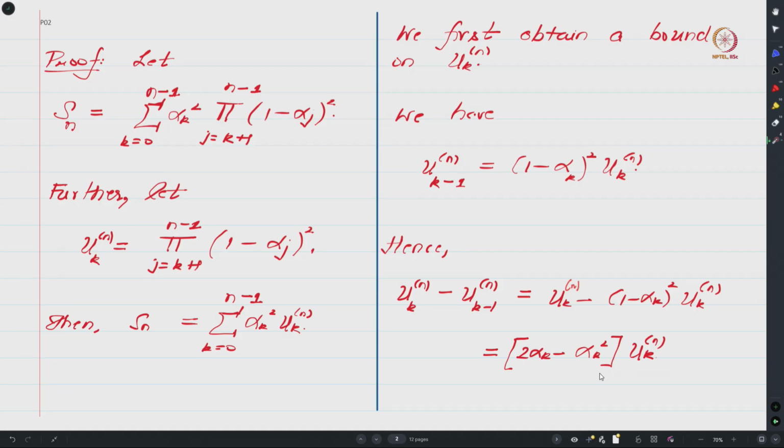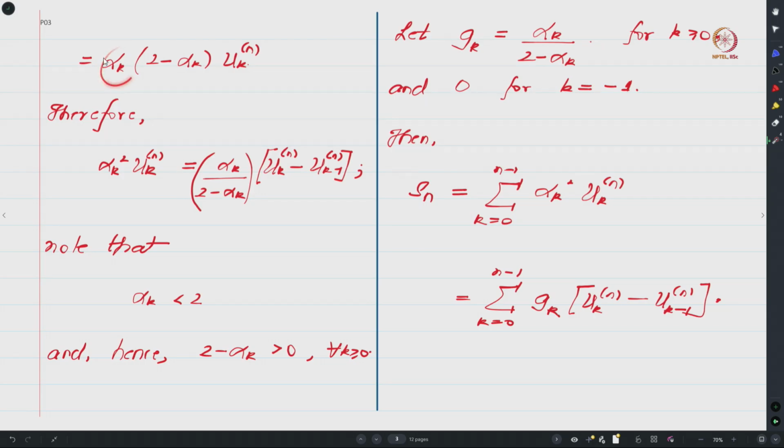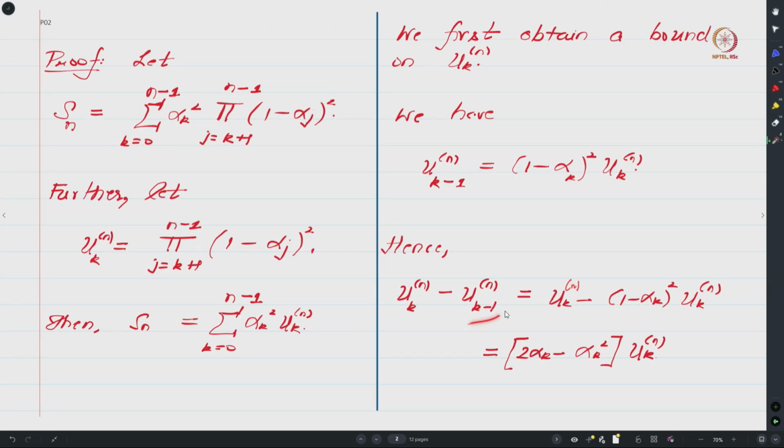And from this if I pull out alpha k common, one can see that we would end up with alpha k times 2 minus alpha k ukn. So what I will do is I will take this expression to the left hand side and multiply both sides by alpha k, so that we can see that alpha k square ukn is alpha k over 2 minus alpha k, which comes by moving it to the other side, times whatever was there on the left hand side.